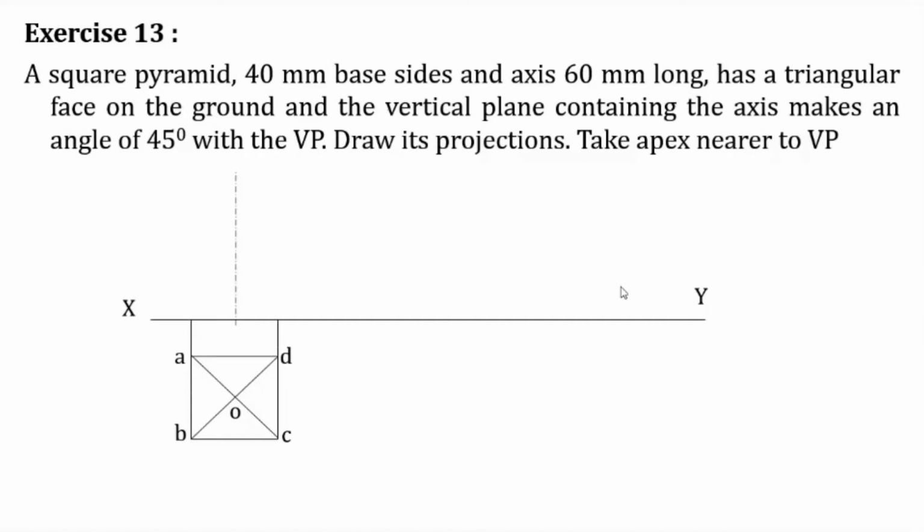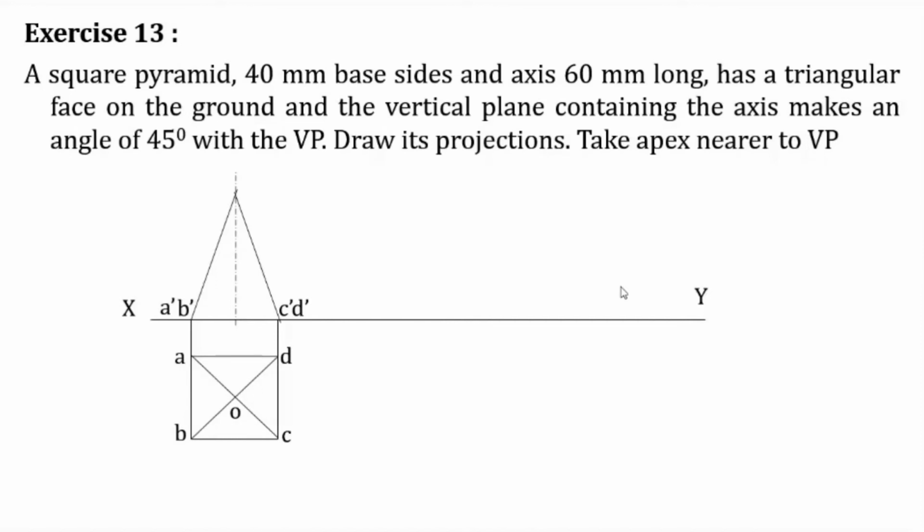And the front view is only a triangle, in which the base of the triangle is equal to the 40 millimeter base sides, A dash, B dash, D dash, and C dash. So this is drawn like this.